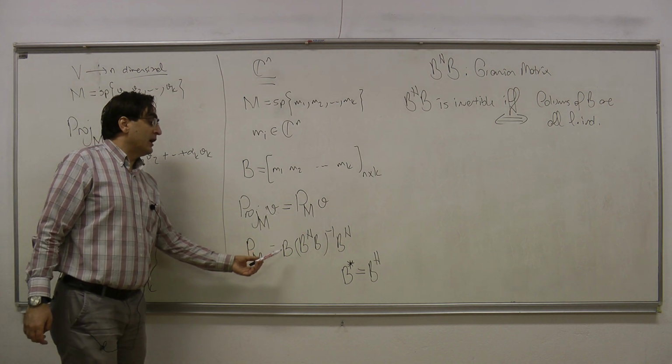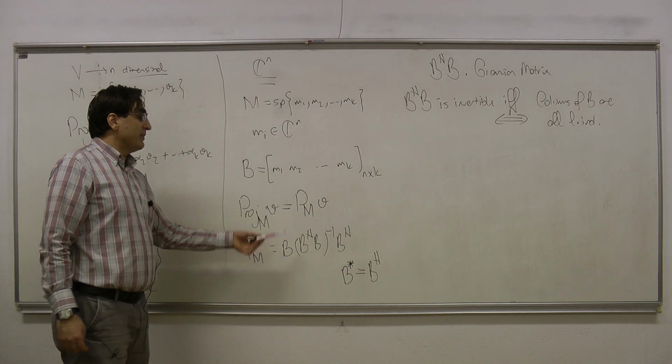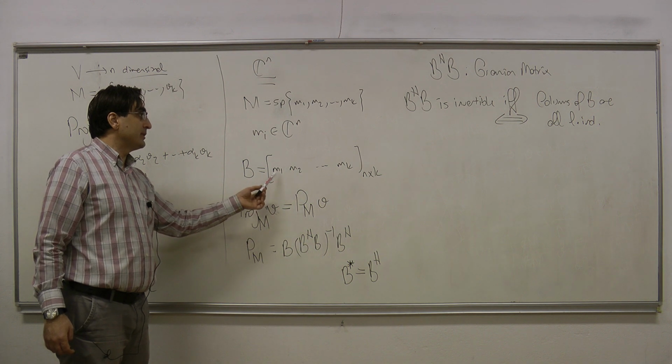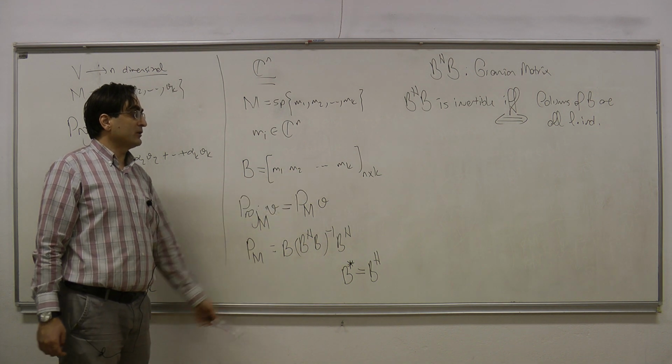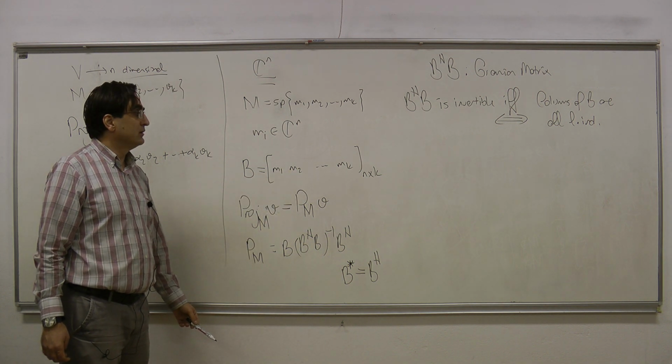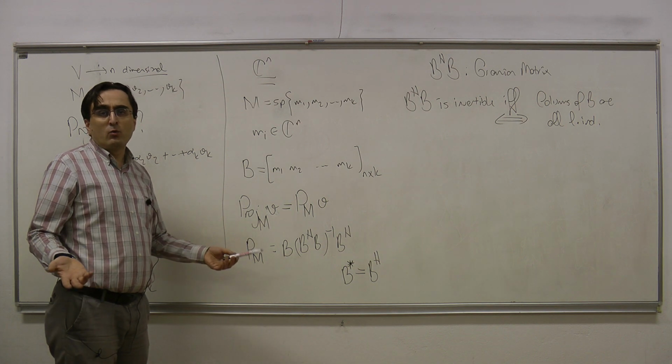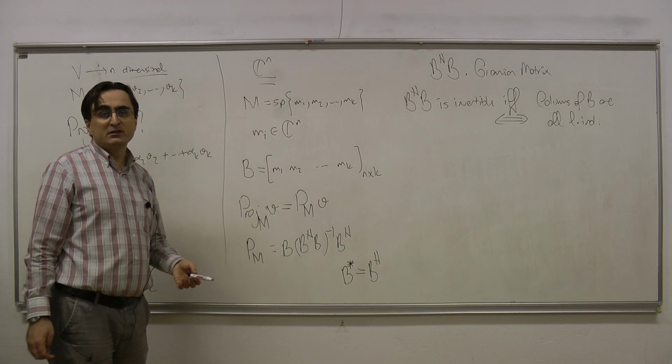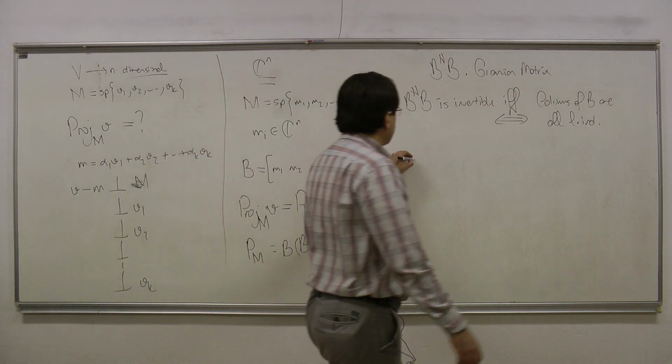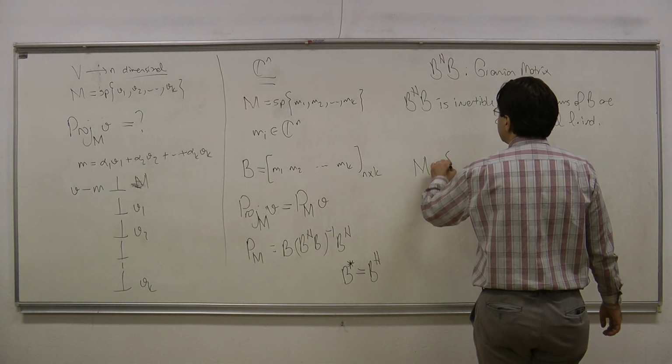So this formula is only valid when the columns of B are linearly independent. But then what can I do when these vectors are not linearly independent? So suppose that M is given like this.